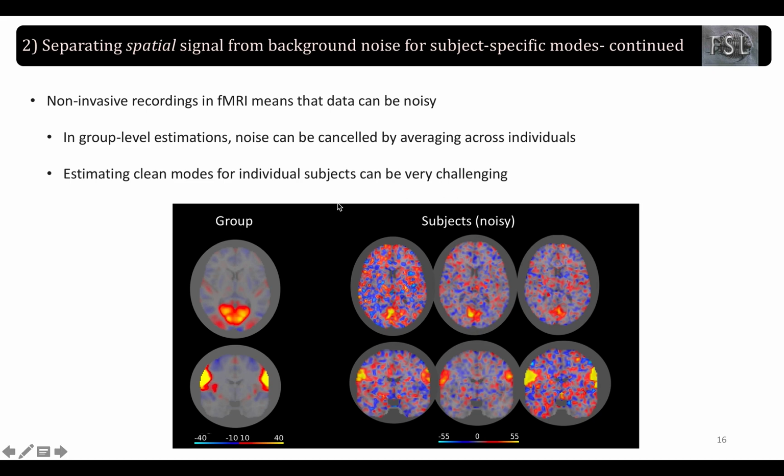When we do group level estimations, for example here I'm showing group level ICA, because the noise can be random, this can be cancelled out by averaging across many subjects. But if we look at these results from ICA Dual Regression, the single subject estimation of the modes can become quite noisy and become contaminated by the background noise.